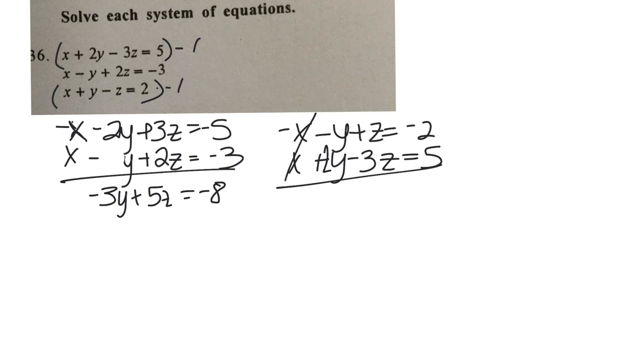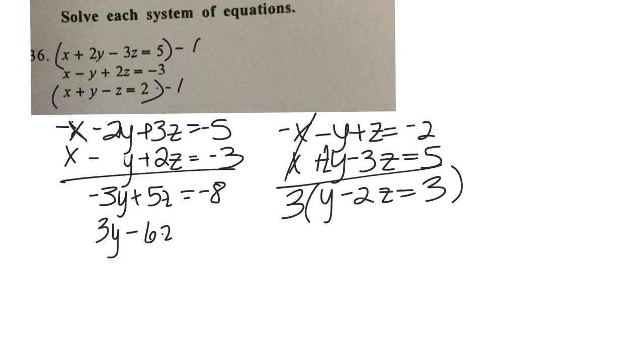And the x's eliminate, I get positive y minus 2z equals 3. And I can multiply this one by a 3 and combine it over here. 3y minus 6z equals 9. And I get negative z equals 1, so z equals negative 1.